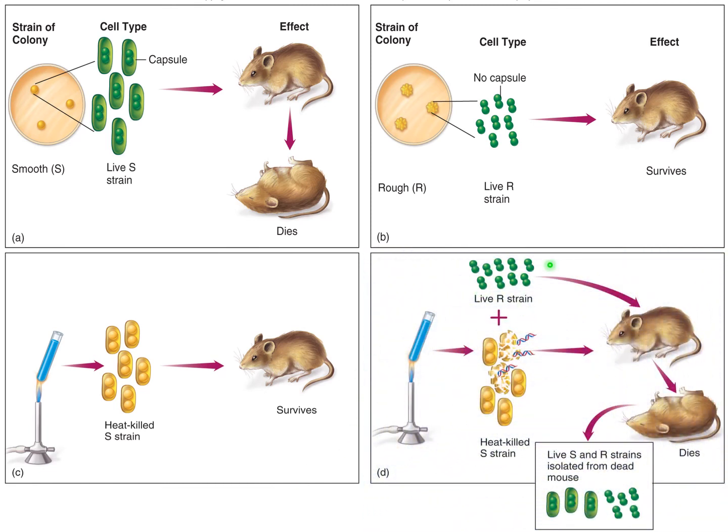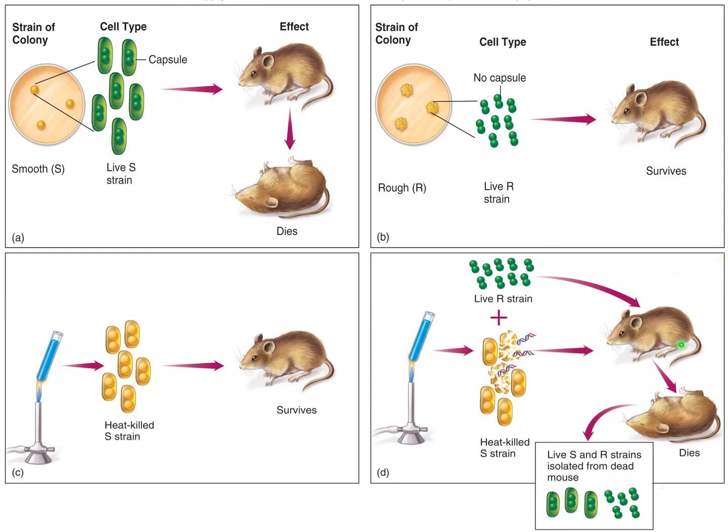He took live, non-encapsulated Streptococcus pneumoniae, took heat-killed encapsulated pneumoniae, and injected the combination into the mouse. The mouse got sick and died. And he re-isolated then both encapsulated living Streptococcus pneumoniae and the non-encapsulated form.